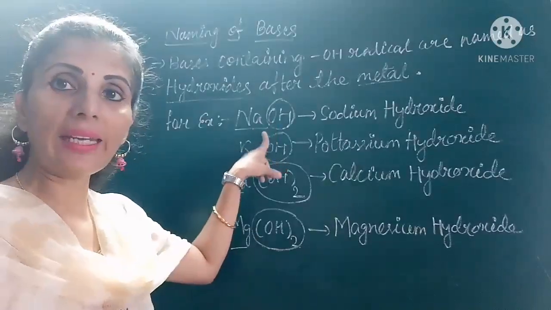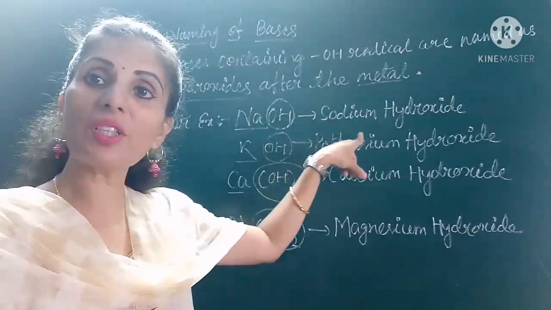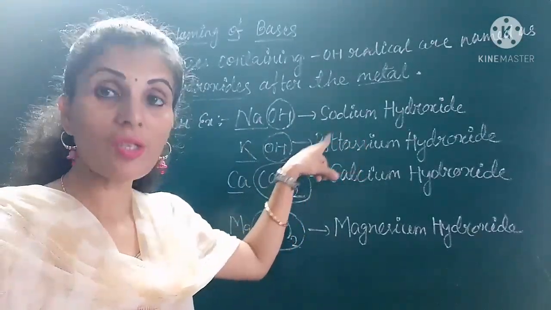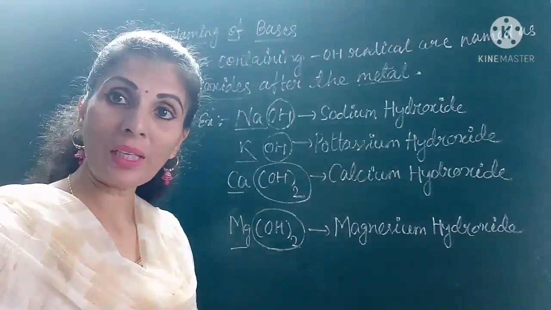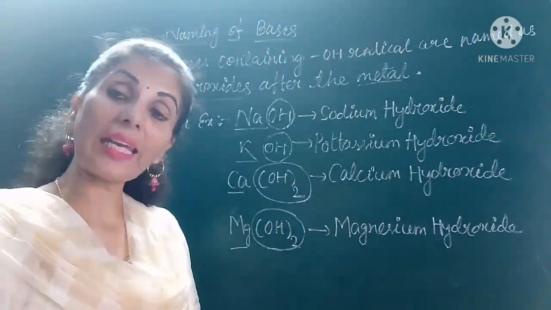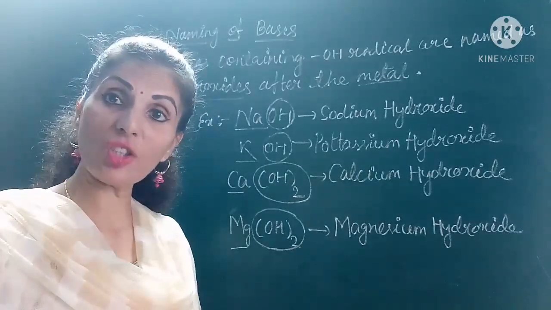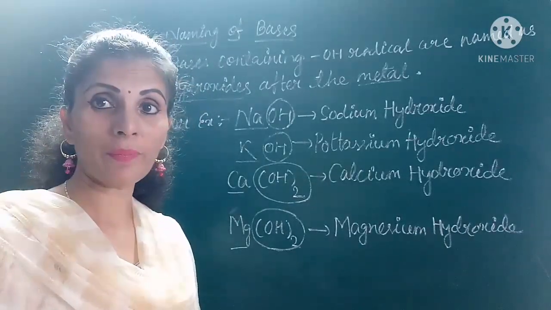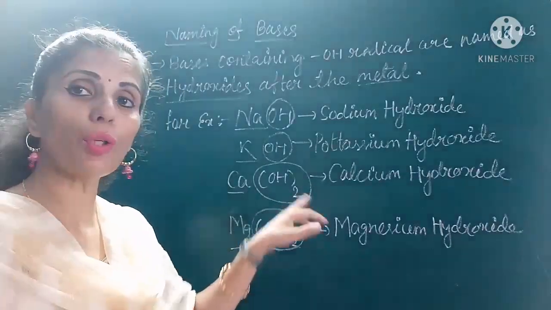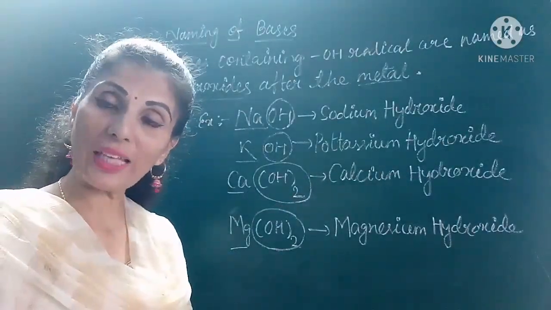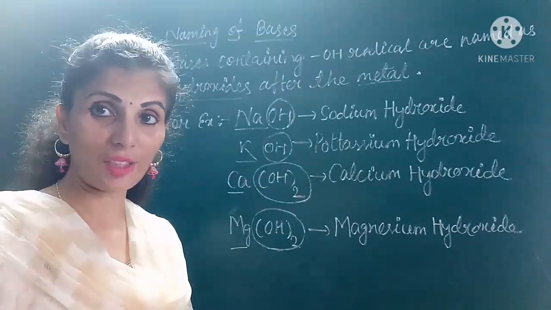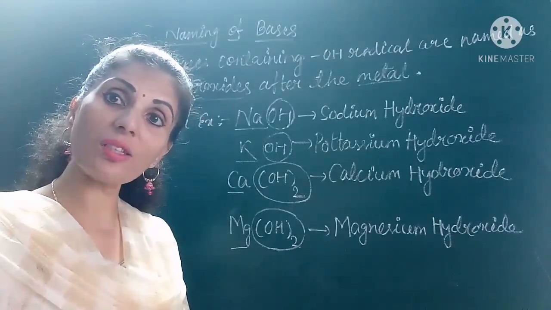NaOH, Na means sodium, OH means hydroxide. The name is sodium hydroxide. Like this KOH, K means potassium, OH means hydroxide, so the name is potassium hydroxide. Ca(OH)2, Ca is calcium, OH is hydroxide, so the name is calcium hydroxide.